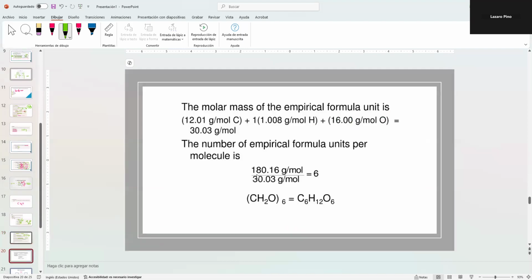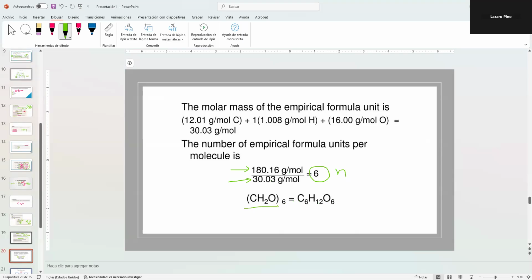Let's do an example and it will be easier for you. For example, the molecular formula mass is this, and the empirical formula mass is this. Then you divide the molecular formula mass by the empirical formula mass, and you get this number, that is N. What you do?